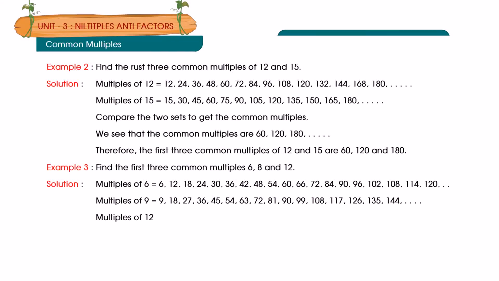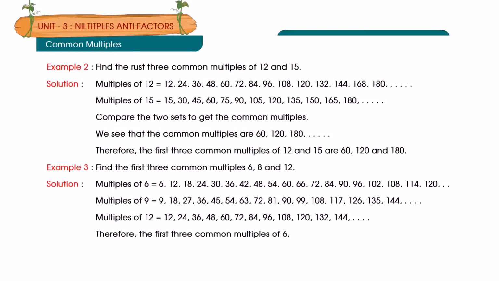Multiples of 12 are 12, 24, 36, 48, 60, 72, 84, 96, 108, 120, 132, 144, and so on. Therefore, the first three common multiples of 6, 9, and 12 are 36, 72, and 144.